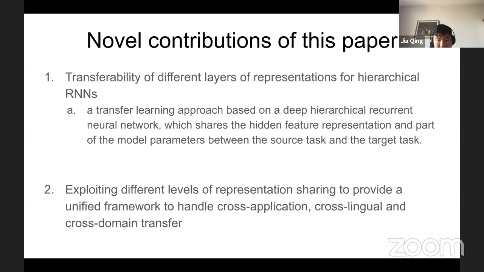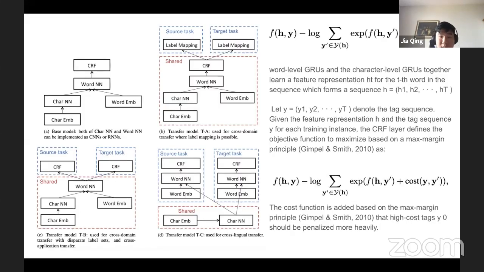And the second one was that it was trying to create a unified framework where different permutations of how you use the different levels of layers of representation can be used for the cross-application task scenario, the cross-lingual scenario, and the cross-domain transfer. So here are the different permutations of the framework.